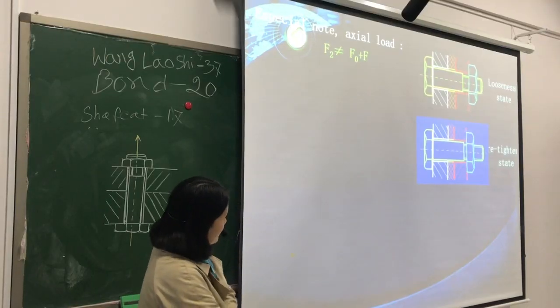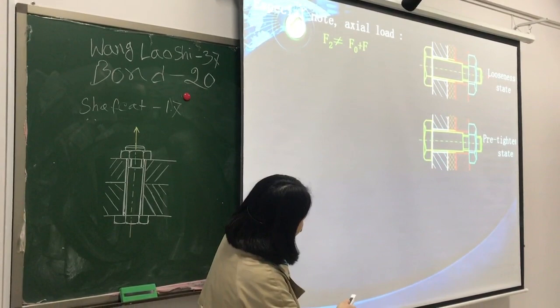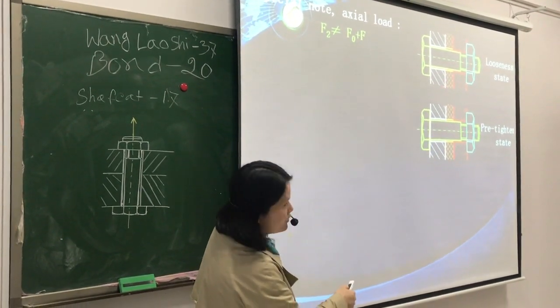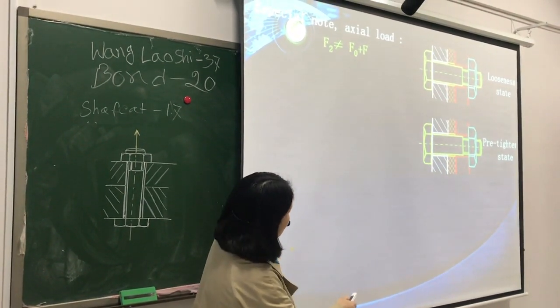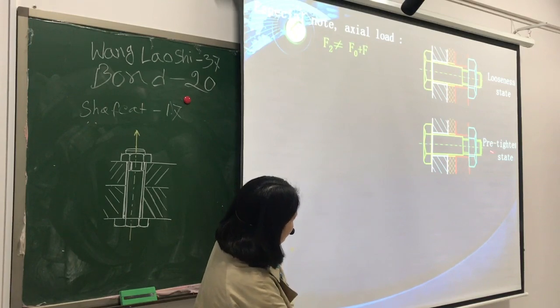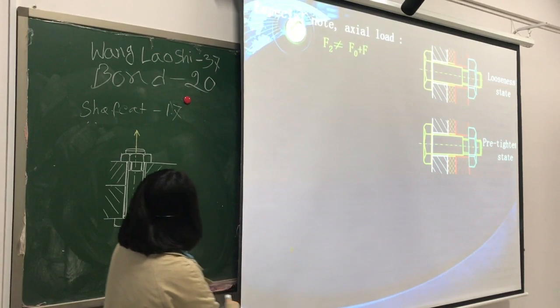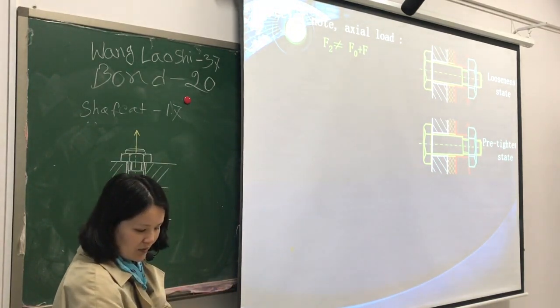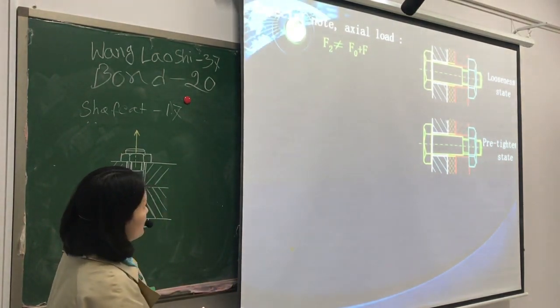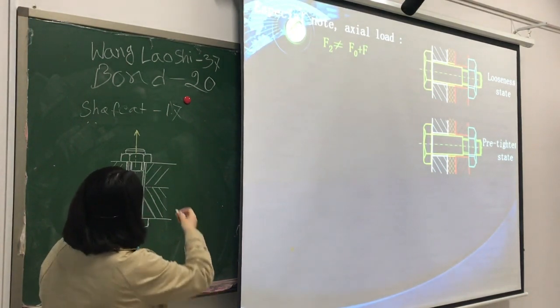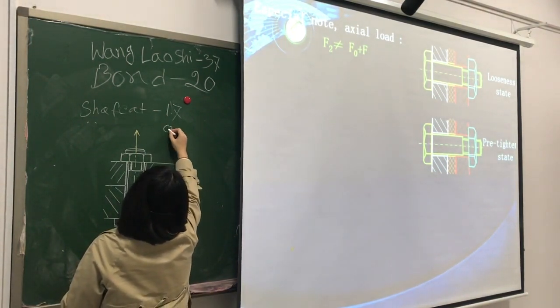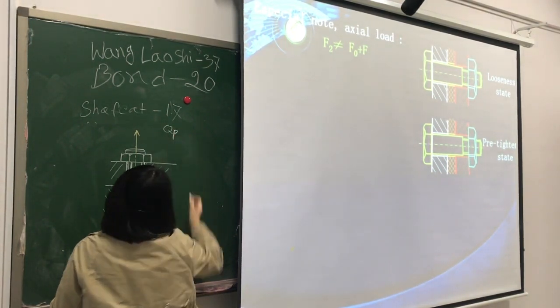For example, this is the looseness state, and when the preload is carried, this is the preload state, and when the bolt is subject to a preload QP.